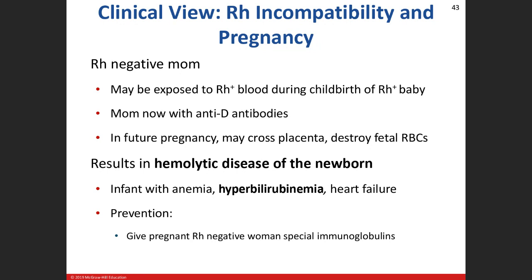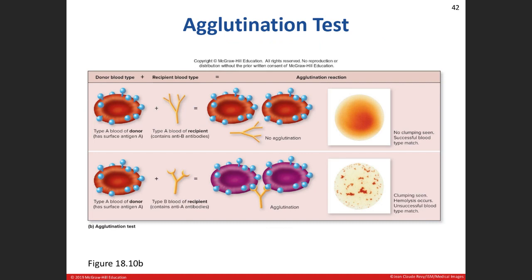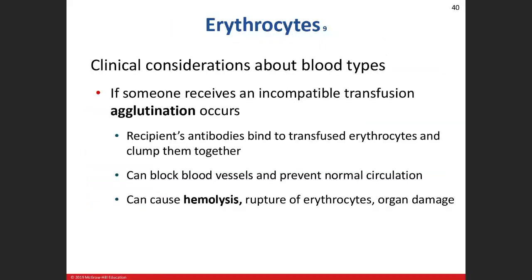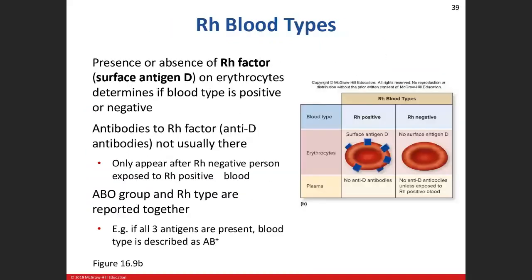But I say, flip that. RH positive person will have the antigen on the surface of the red blood cells, but they won't have the antibodies. Okay, the RH negative person has no antigen on the red blood cells. Okay, but if they've never been exposed, here, I'll show you the picture. There we go.